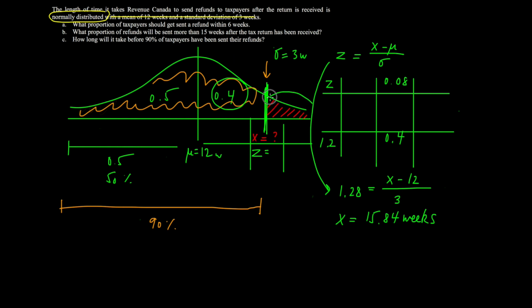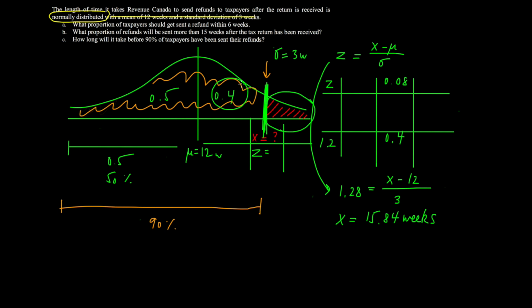So we know that we need to cross this threshold for 90% of taxpayers to receive their refund. And so what we want to know is the z-score at this particular threshold, which is a z-score of 1.28. And that gives us an x of 15.84 weeks. So 90% of taxpayers will have received their refund at 15.84 weeks, okay?